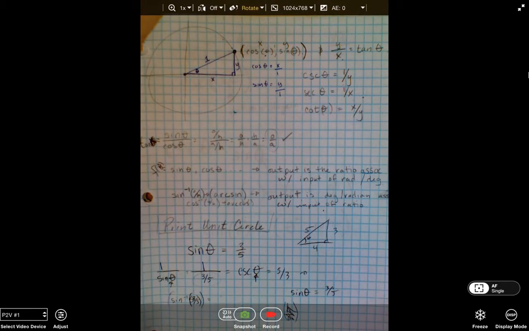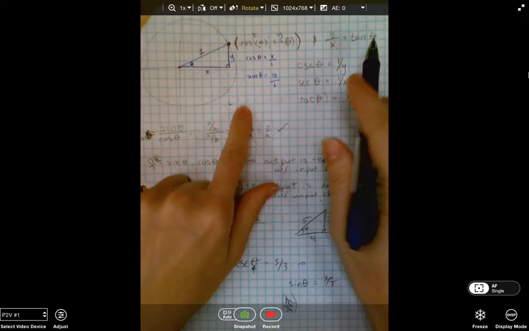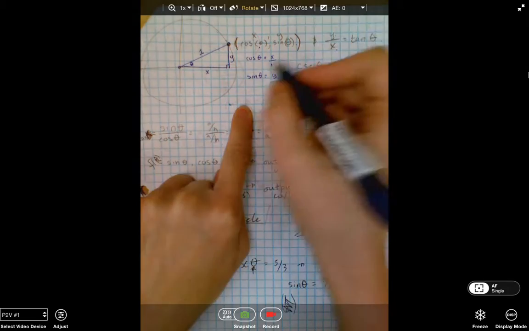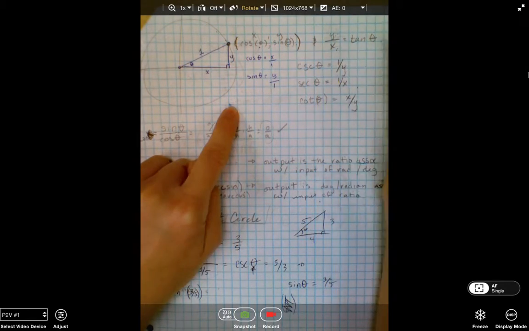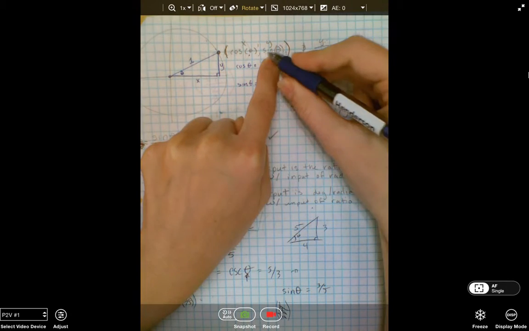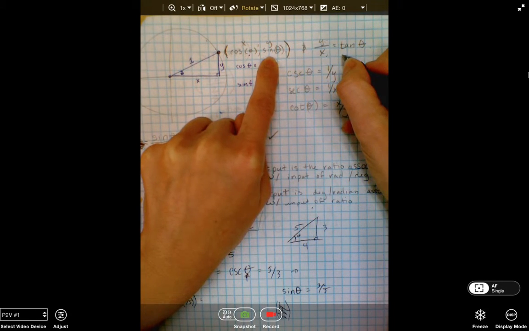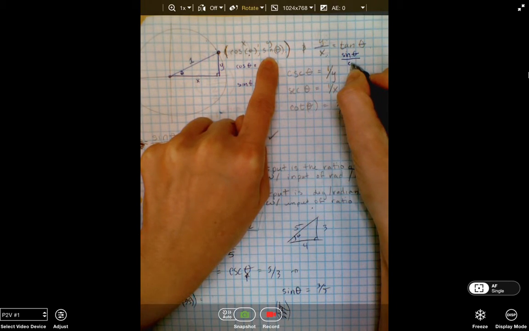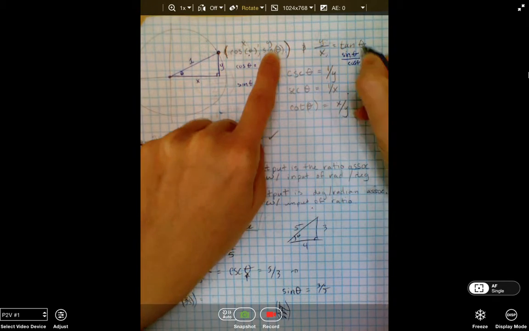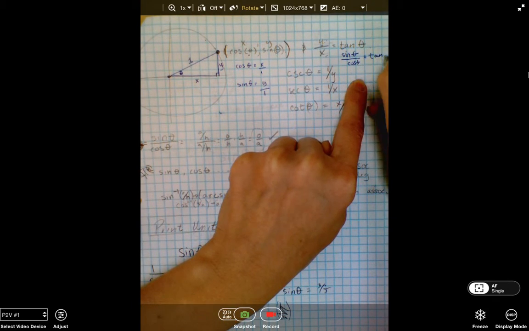There's some other relationships to look at here. If I take the definition of tangent, which is opposite over adjacent, I'm looking at y over x, which can help to give us our definition: sine of theta over cosine of theta is equivalent to tangent of theta.